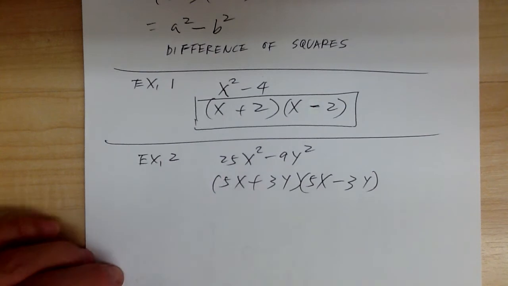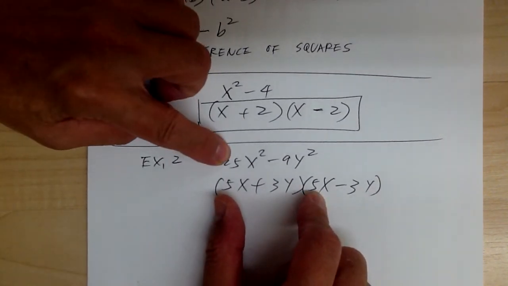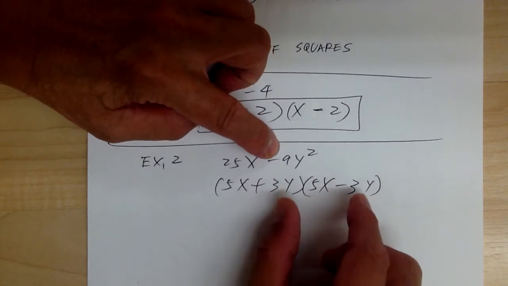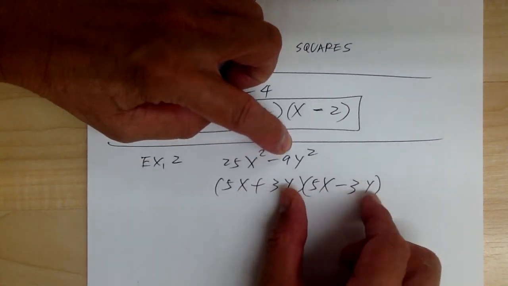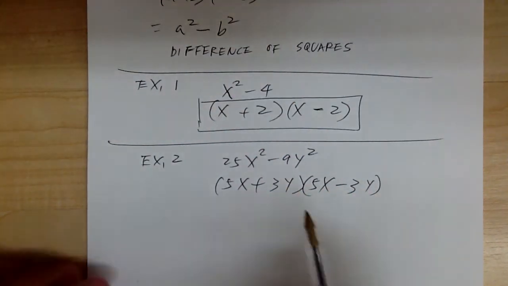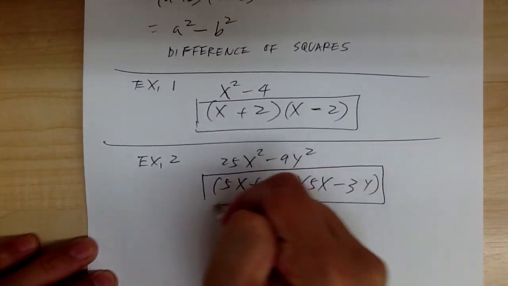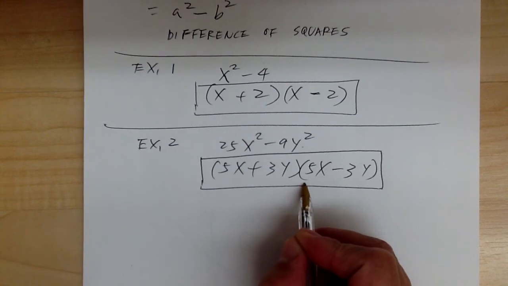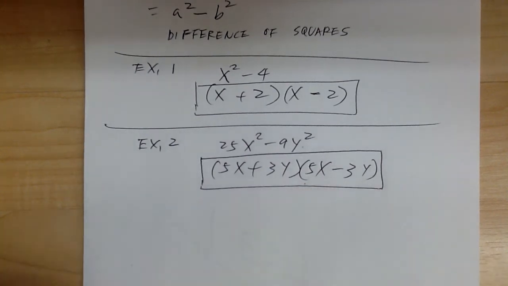Again, you check: 5 times 5 is 25, x times x is x squared, plus times minus is minus, 3 times 3 is 9, y times y is y squared. So when you have a difference of squares, you factor into conjugates. Okay, let's go to example 3.